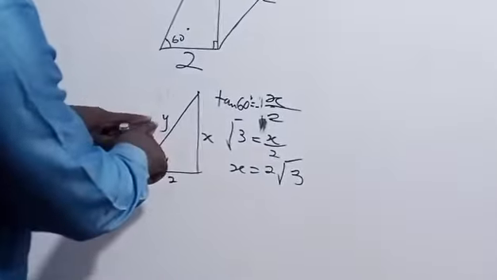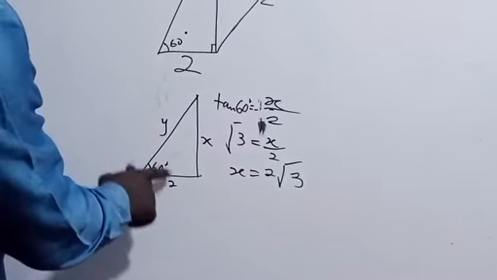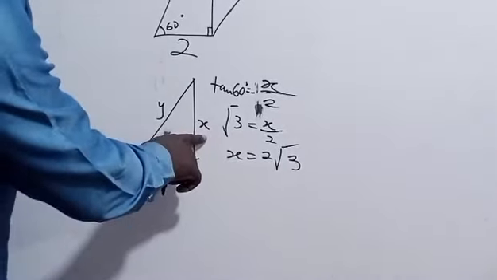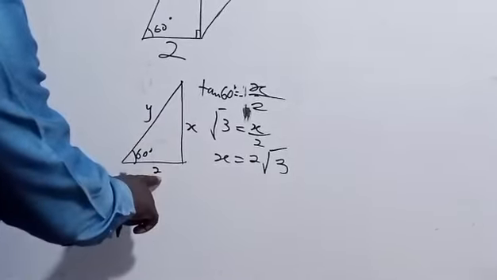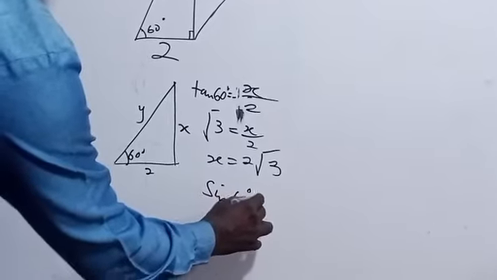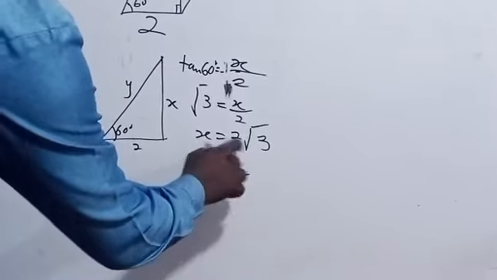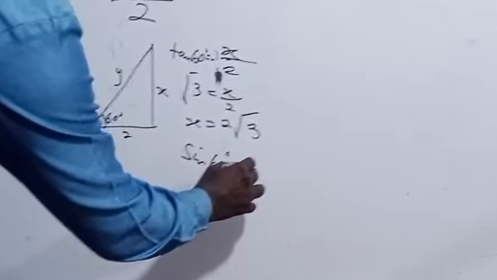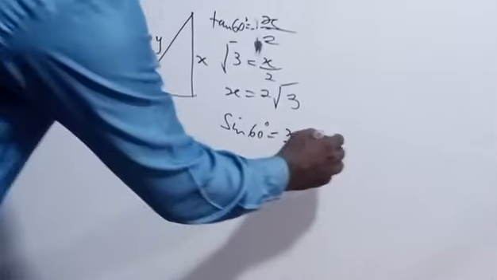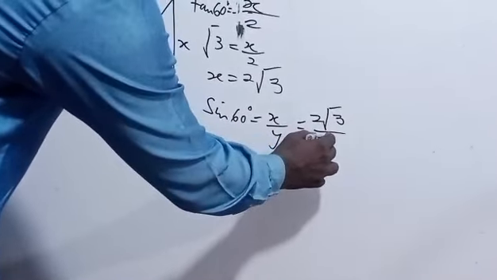From there, I can get the value for my y. This is hypotenuse over opposite, hypotenuse, adjacent. Let me use opposite. So I can say sine 60 degrees is the same thing as opposite, which is this value, x over y, which is the same thing as 2 root 3 divided by y.